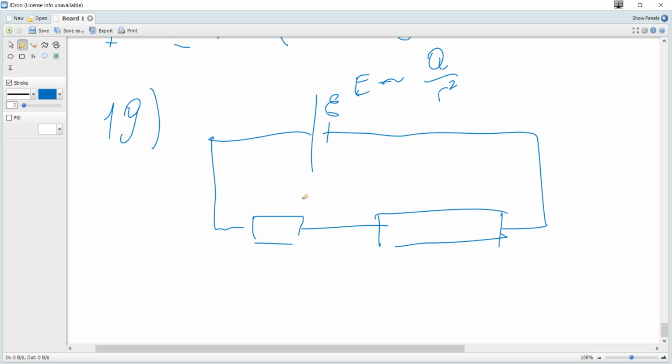X dissipates power P, so it's X, Y, power P. What is the power dissipated by Y only, not total, Y only?